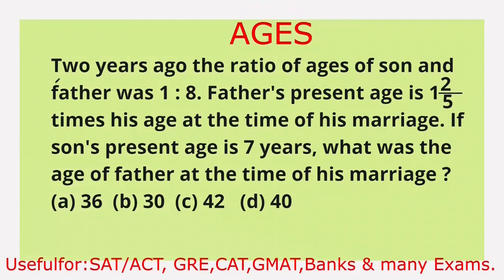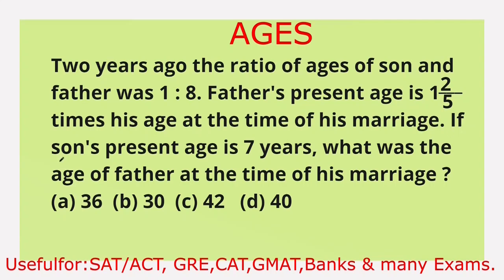Our question is: 2 years ago, the ratio of ages of son and father was 1:8. Father's present age is 1 2/5 times his age at the time of his marriage.